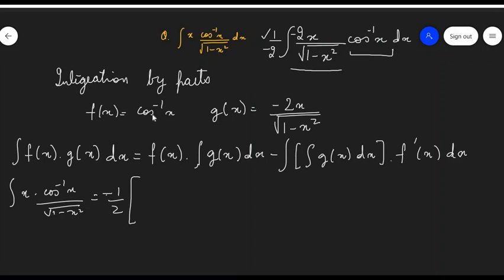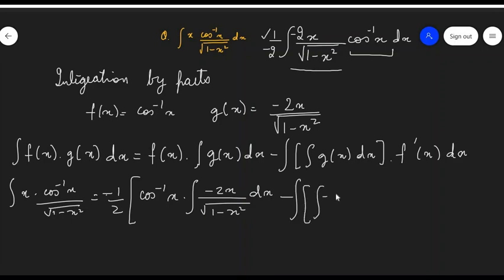So I write first function is cos inverse x into second function, that is integration of minus 2x upon square root of 1 minus x square dx, minus integration of minus 2x upon square root of 1 minus x square dx into differentiation of first function, which will say d by dx of cos x dx.